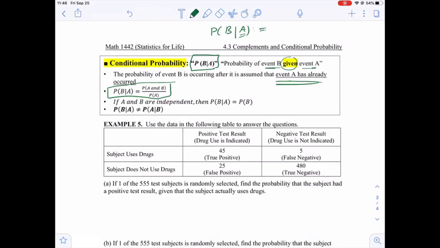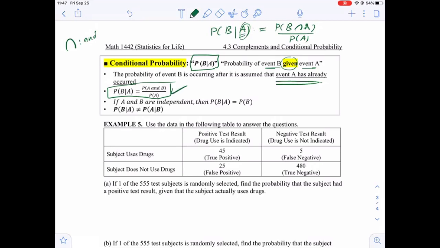Probability of B given A is probability of B and A, using this notation to mean and, over the probability of the condition event, which is probability of A.